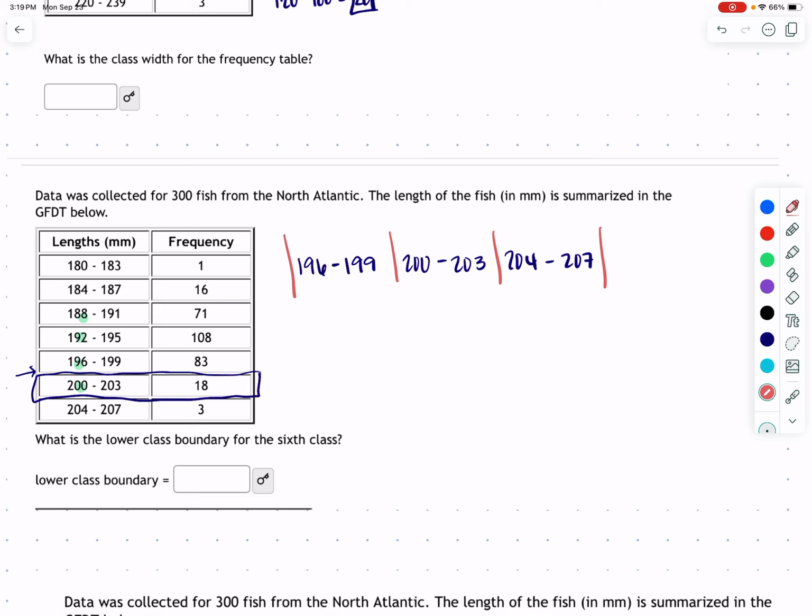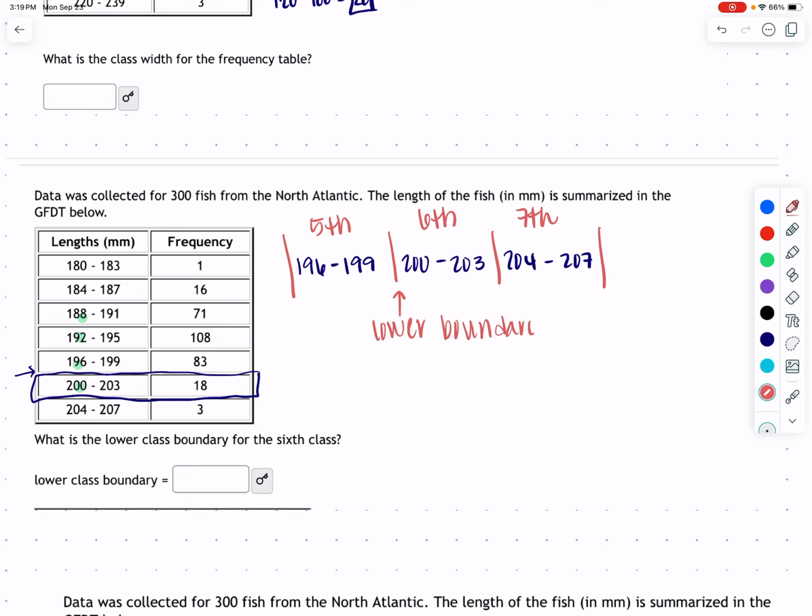The lower boundary for the 6th class, remember this was the 6th, this is the 5th, this is the 7th. The lower boundary is the division line between the 5th and the 6th classes. And it is exactly between the upper limit for the 5th class and the lower limit for the 6th class.